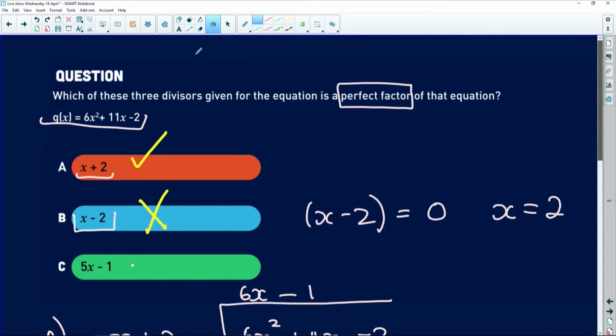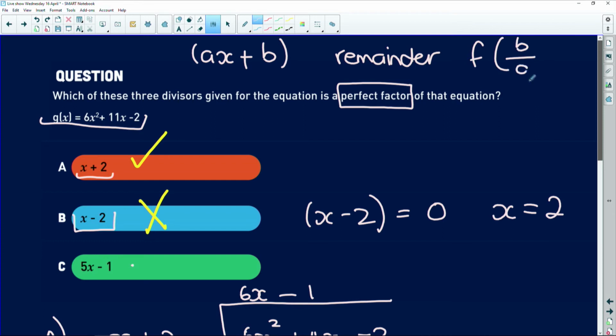Remember I said that if a polynomial is divided by a divisor ax plus b or minus b, then the remainder is the function of b over a.